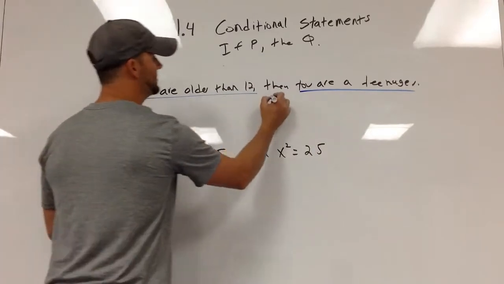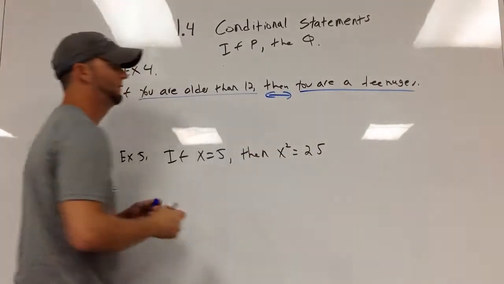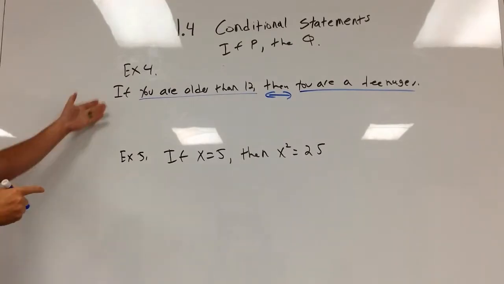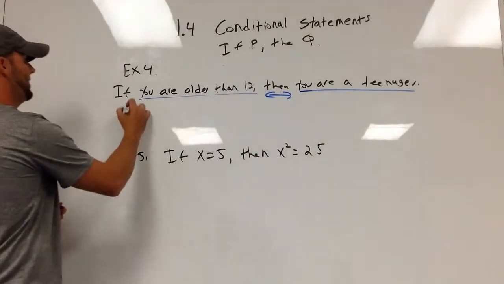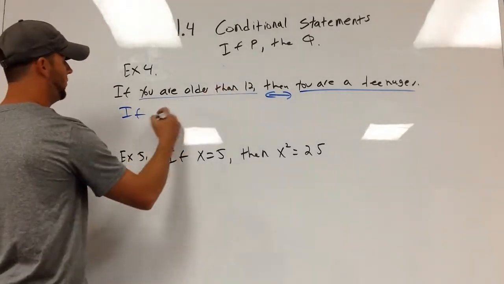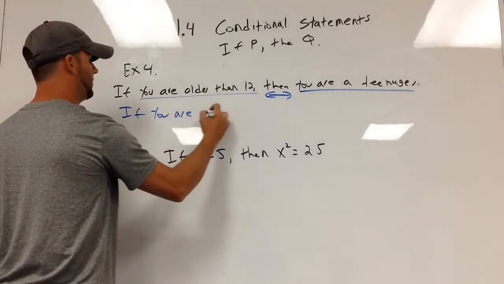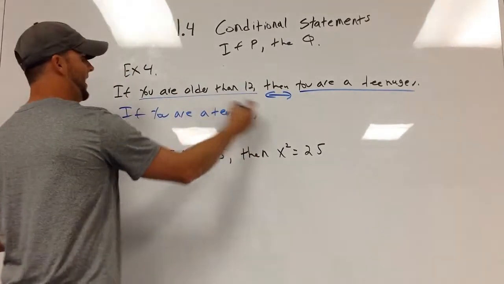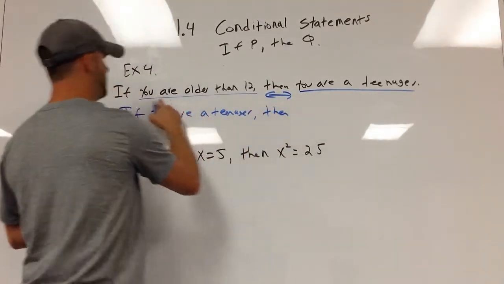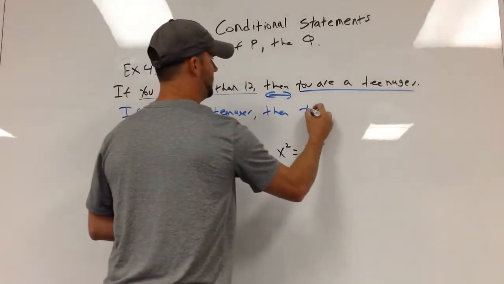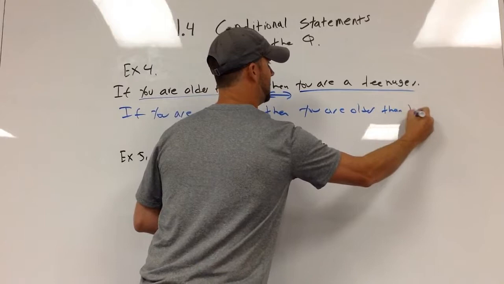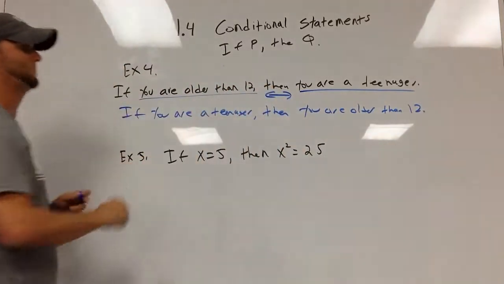So I'm going to swap these two and rewrite my statement. My converse should say, if you are a teenager, then you are older than 12. All I did was swap them.